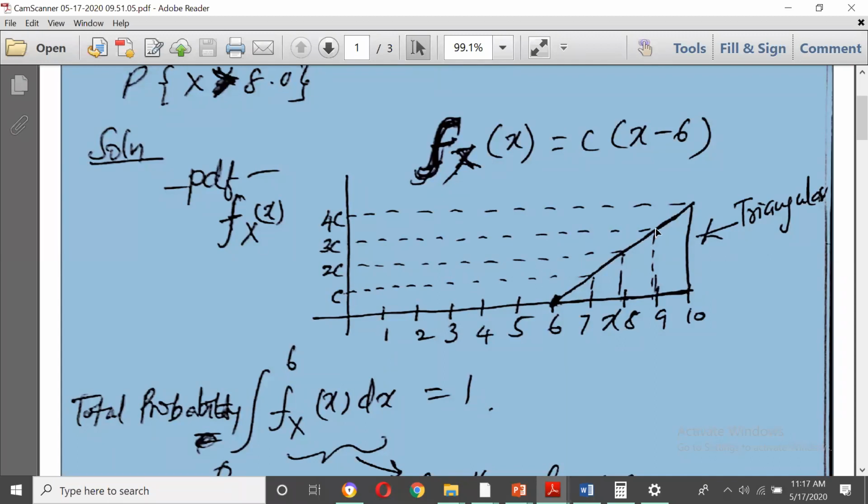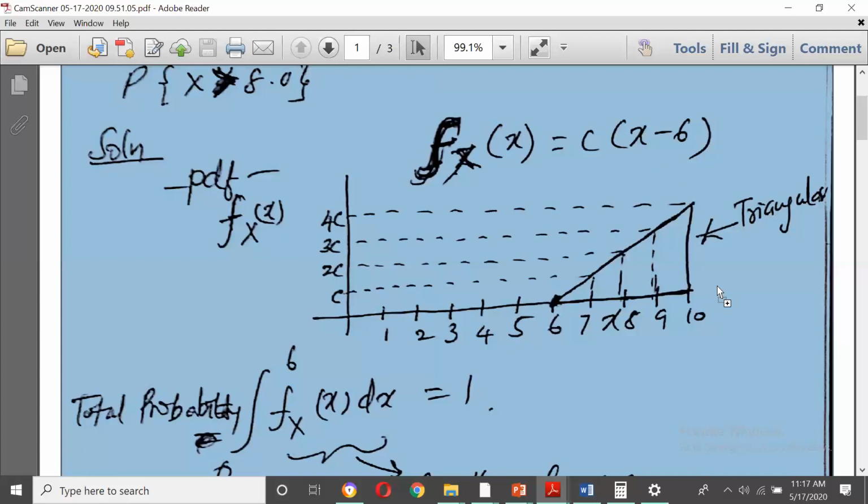At 9, it will be 9 minus 6, that is 3c. At 10, it is c into 10 minus 6, that is 4c. So all that is written over here: 0, c, 2c, 3c, 4c at 6, 7, 8, 9, 10.